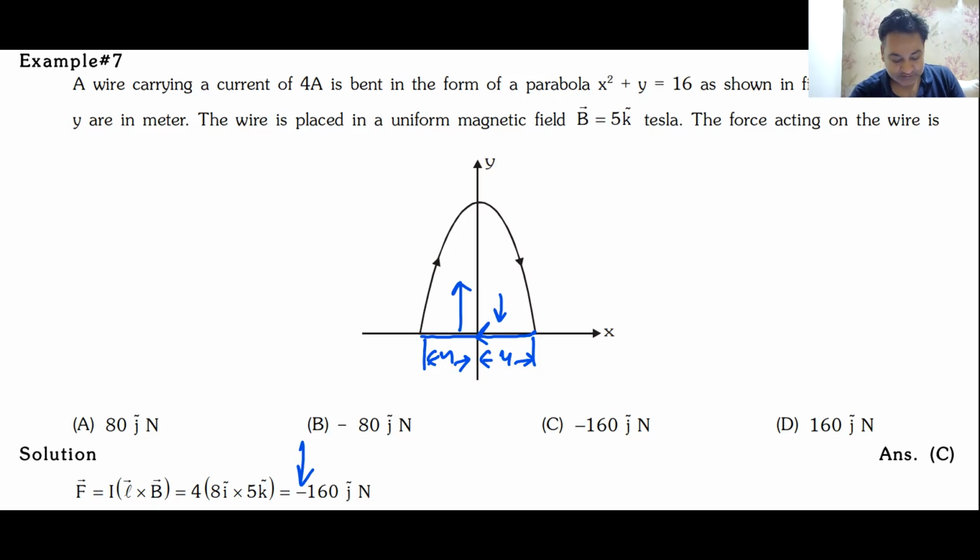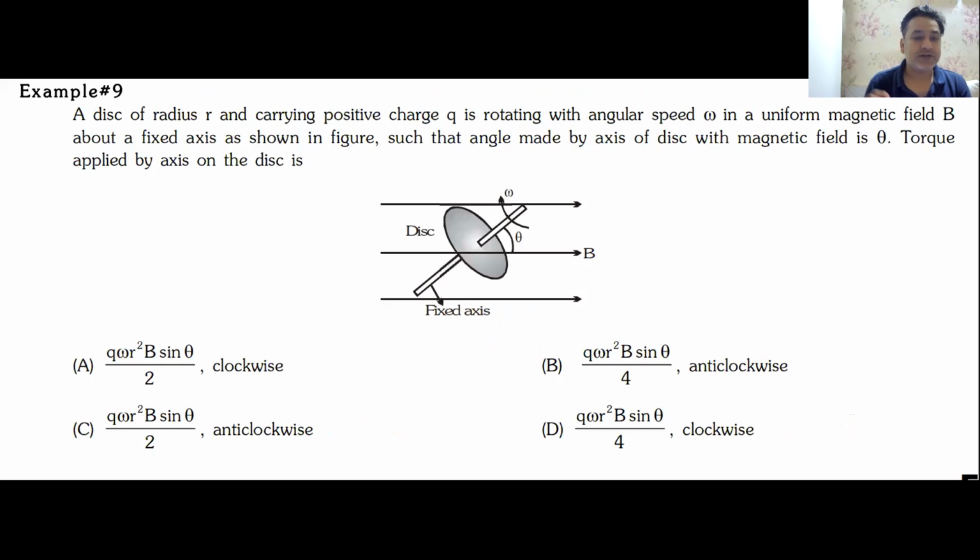Then comes this one. And I hope that you can do wonders with this one as well. Remember, the question might look a bit complicated, but it is quite simple. A disk of radius r carrying charge q is rotating with a constant angular speed omega in a uniform magnetic field B about a fixed axis as shown in the figure, such that the angle made by the axis of the disk with the magnetic field is theta.